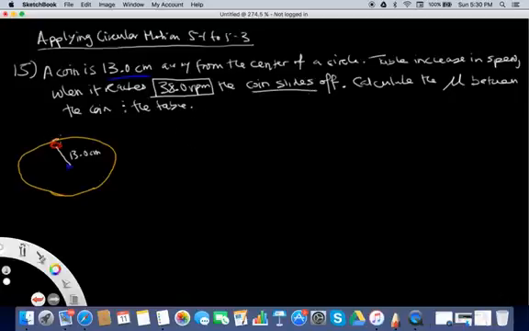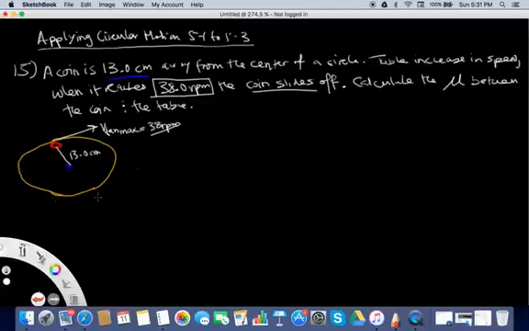So we know that when this tangential velocity is at its maximum, the V tan max, if you will, of 38.0 RPMs, when it's at its fastest speed, that's the speed at which the coin slides off. That is the quantity that we'll be taking into respect.